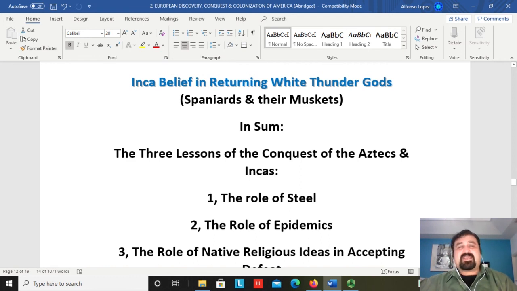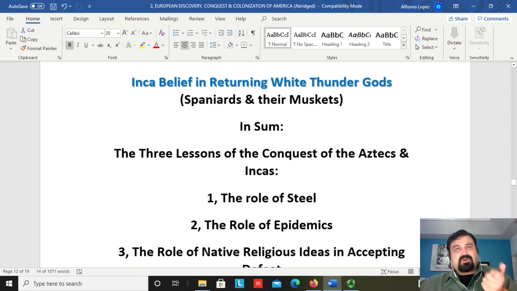So that's very important. And also the Incas of South America, of what's called Peru today, believed in their religion in returning white thunder gods. In other words, the thunder gods were white, and they were also returning from time to time to restore their kingdom. So when they saw the Spaniards approaching, even though there were no more than 200 soldiers, many people really believed that those were the thunder gods.